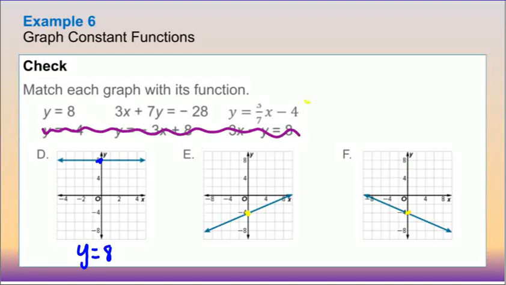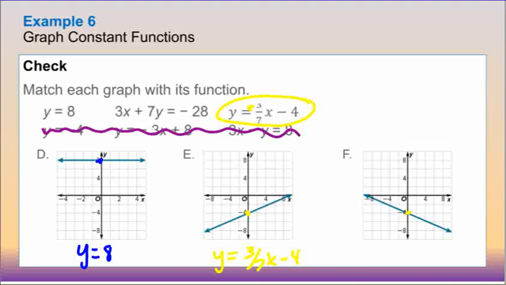I already know this is in y equals mx plus b format. This is a positive slope, which means it's going up 3 to the right 7. So that means this one would have to be y equals 3/7 x minus 4. This one's a negative slope.